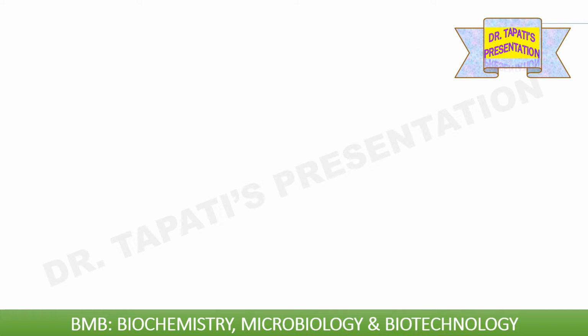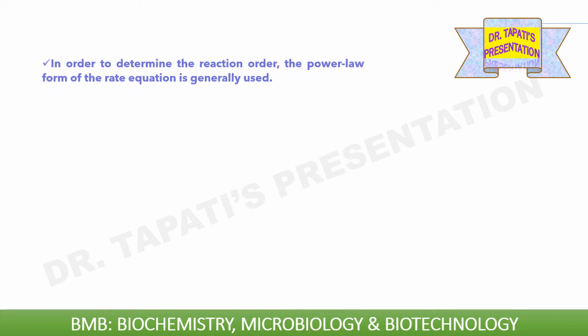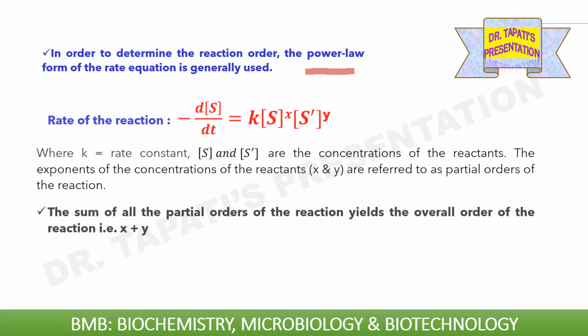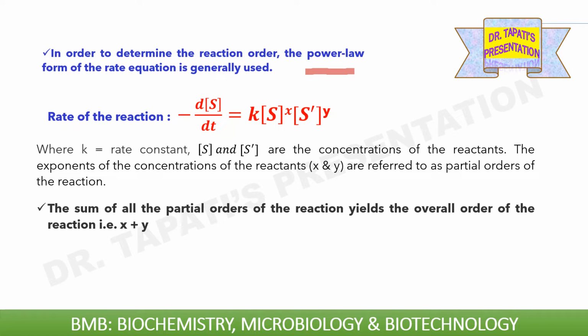In one of my previous videos, I already mentioned that the power law form of the rate equation is generally used to determine the reaction order. In that case, the rate of the reaction is equal to K into the first substrate concentration S power of X and into the second substrate concentration S prime power of Y, where K is the rate constant, and S and S prime are the concentrations of the reactants.